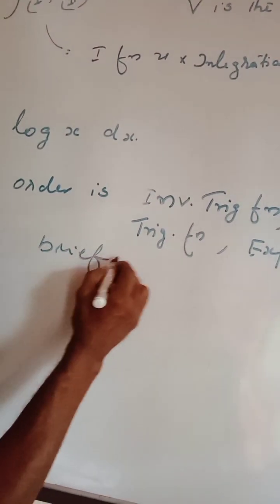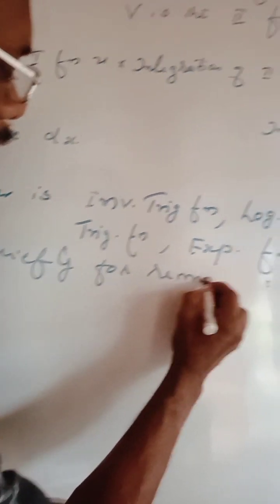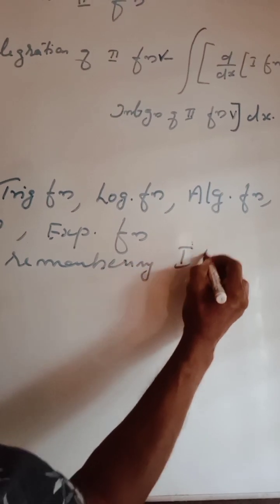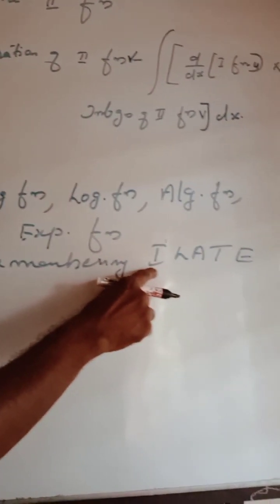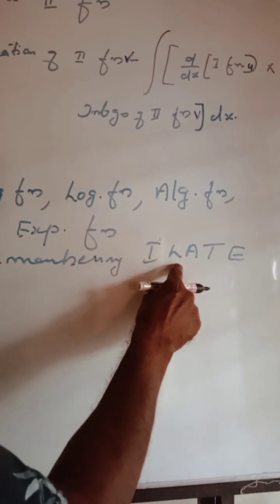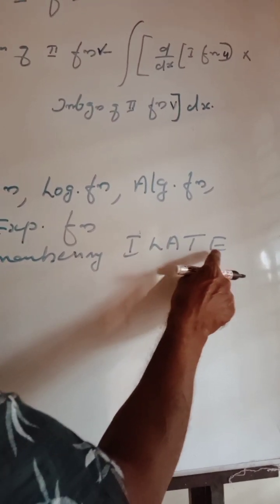Briefly, for remembering, ILATE: I for inverse trigonometry function, L for logarithm, A for algebraic function, T for trigonometry function, E for exponential function.